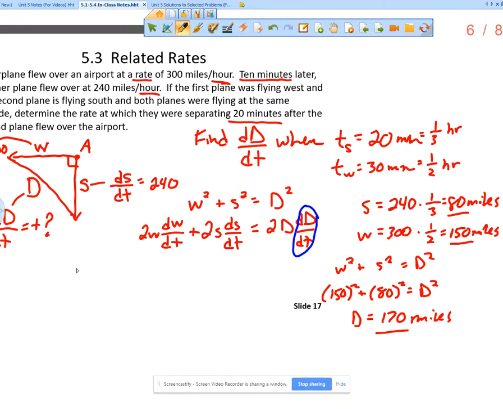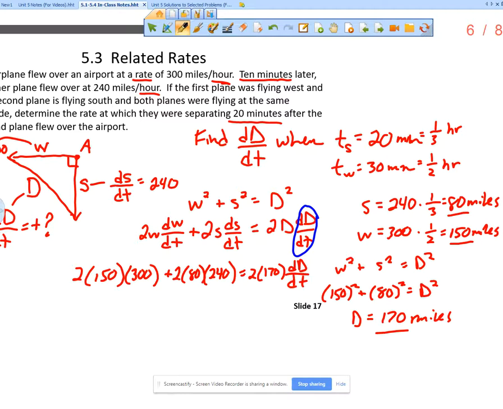All right, so 2W, so 2 times 150 times dW/dt. What is dW/dt? The rate at which the westbound plane is flying, 300 miles per hour, plus 2 times S. S would be 80 times dS/dt, 240 miles per hour, equals 2 times D, which is 170, times dD/dt.